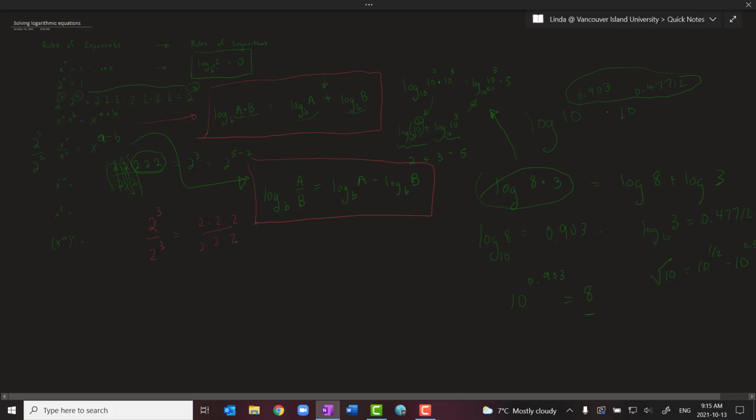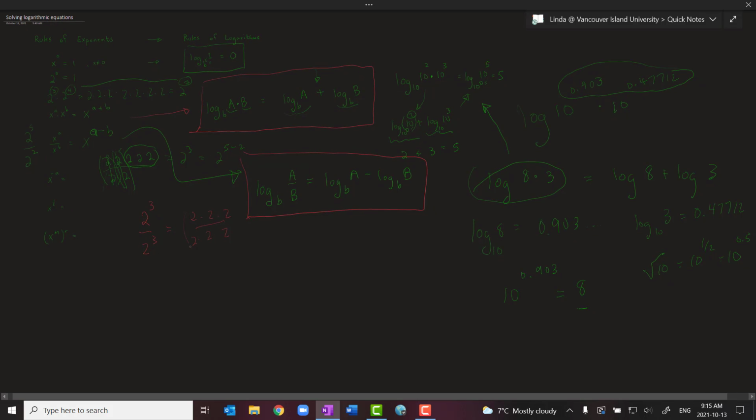So we have 8 over 8. That's 1. Or you can think this is 1 times 1 times 1. The answer to all of this is 1. And then if we apply the rule, we take the top exponent and we subtract the bottom exponent, we get 2 to the 0. So 2 to the 0 equals 1.